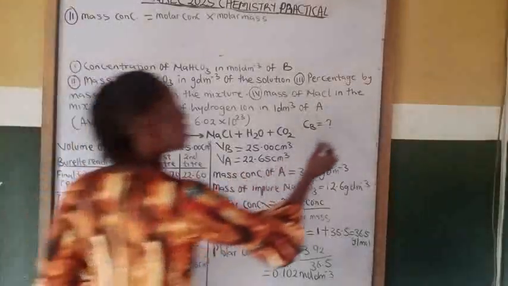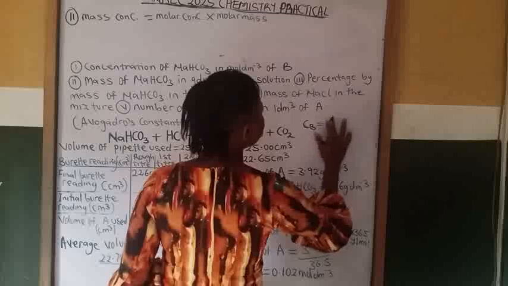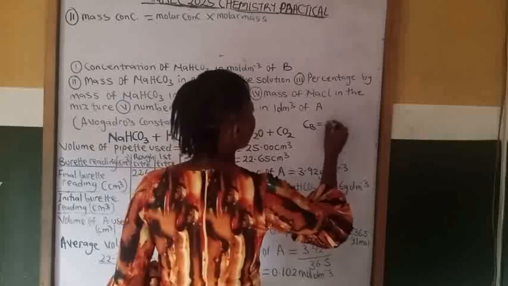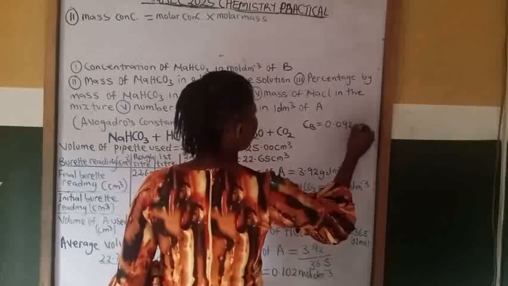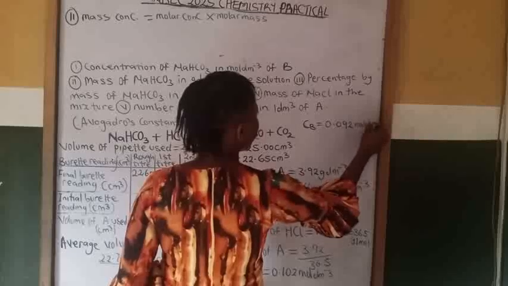We have gotten the value for molar concentration of B, which is 0.092 mole per dm cube.